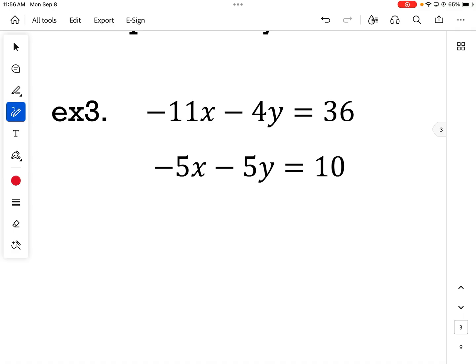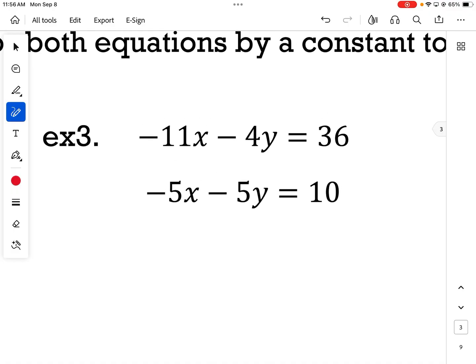Because what could I multiply 4 by to get something that's similar to a multiple of 5? 5? Because I would want 20. So here I'm going to say I want this to be, let's say, positive 20. So what am I going to multiply everything by here?